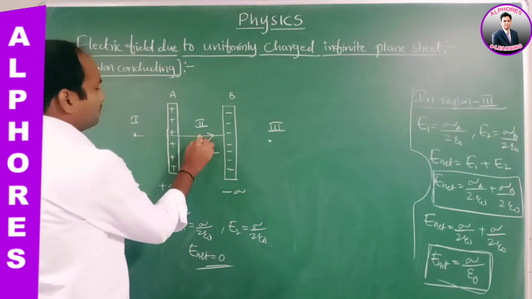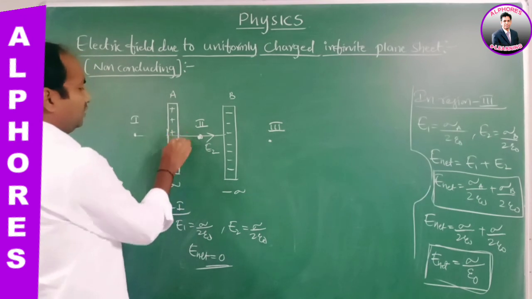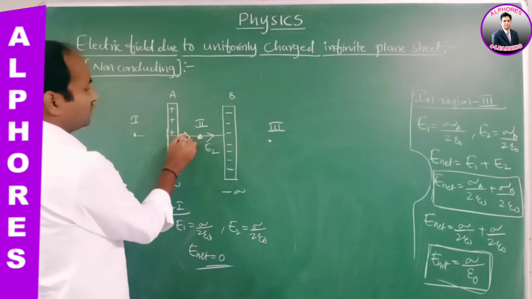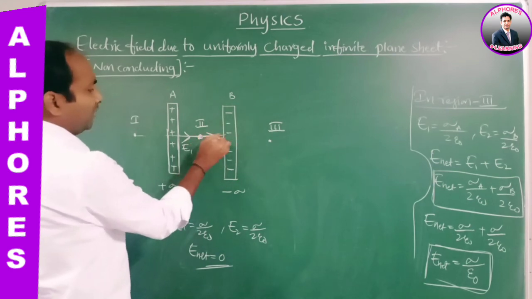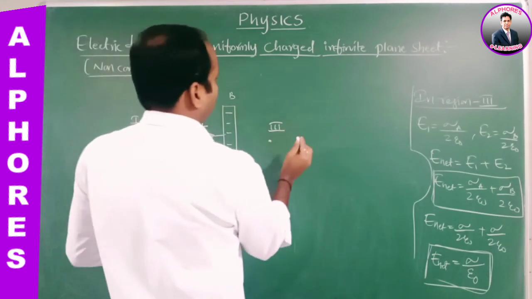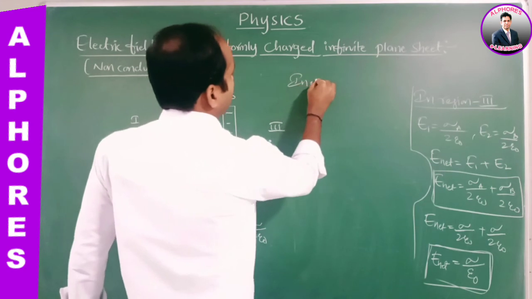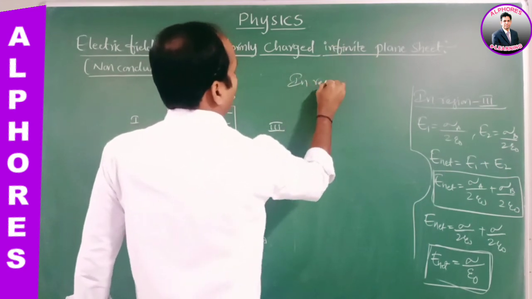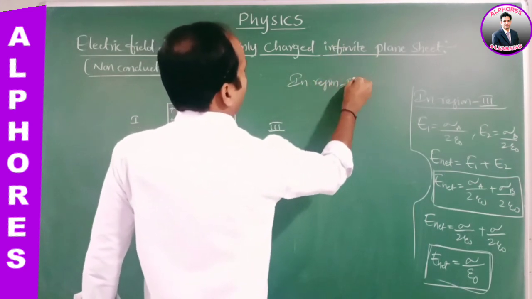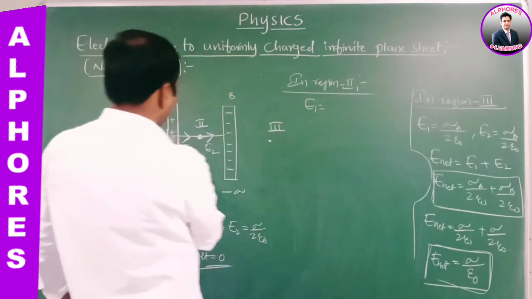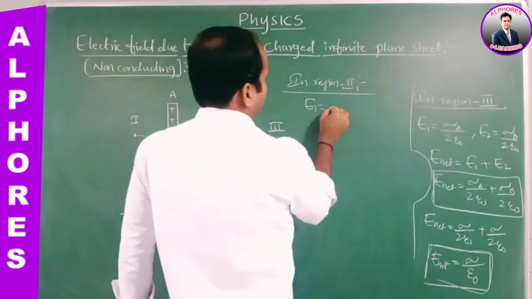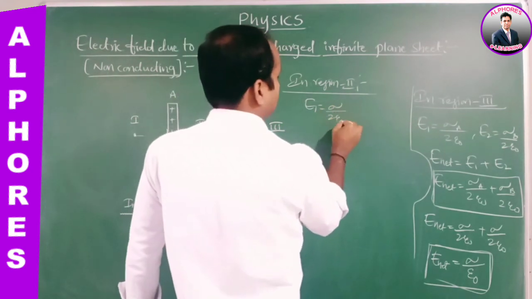Now this is a positive charge. What is the field radially outwards from the plate? E1. This is negative, into the plate. In region 2, E1 is directed outwards, sigma by 2 epsilon naught.